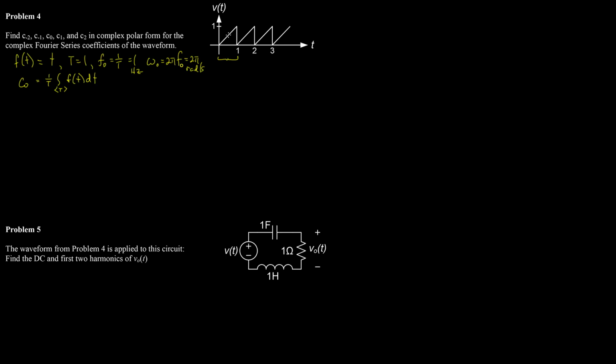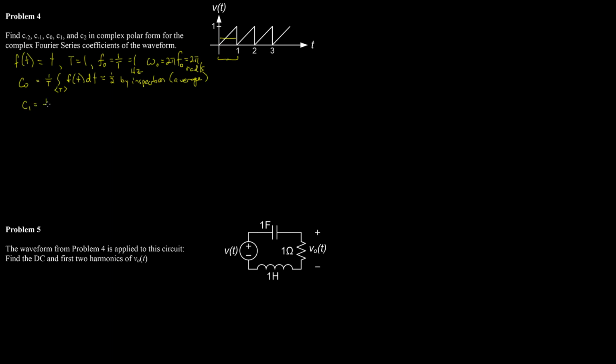Half the time it's above 1/2, half the time it's below 1/2, so its average value is 1/2. Again, I think you can see that half the time we're above it, half the time we're below it.